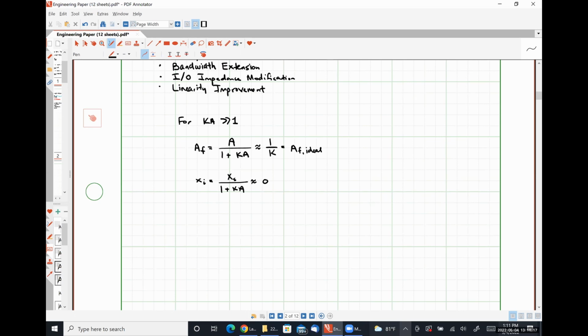So recall just really briefly here, AF is supposed to be Y over XS, right? Well, Y is A times Xi, and we would normally have an A here. So this is just rewriting this equation, dividing both sides by A, and then multiplying both sides by XS. But what we observe here, the input signal for our amplifier is 0, which is again exactly what we observed in negative feedback op-amp circuits, right?